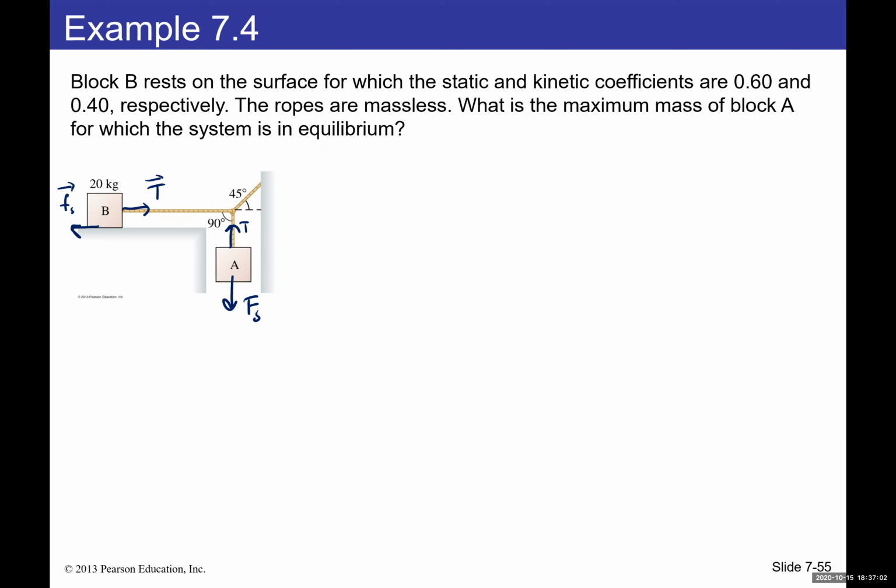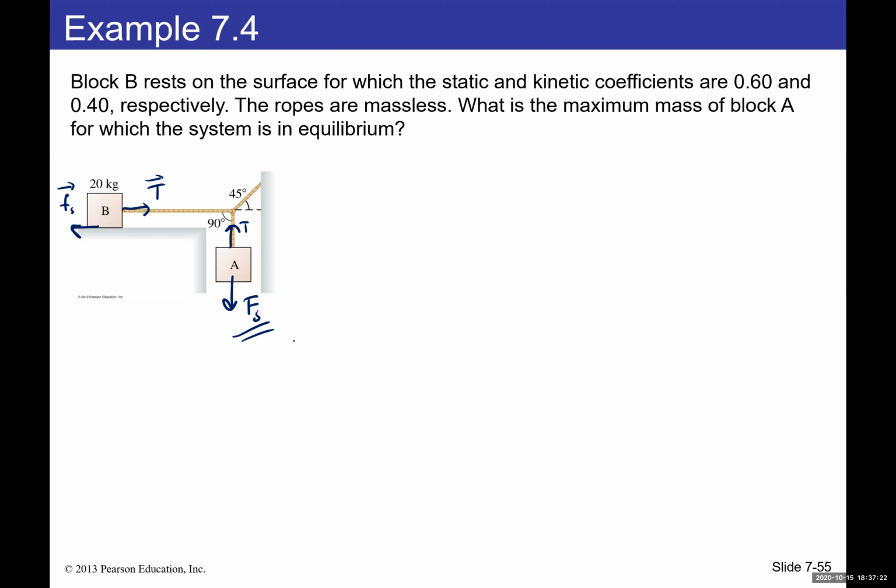Static friction is fighting against the gravitational force of block A, and if A is too heavy, gravity will win, friction cannot keep it, and the system will accelerate. But right now we want to know the maximum mass we can have for A so that the system is still in equilibrium.